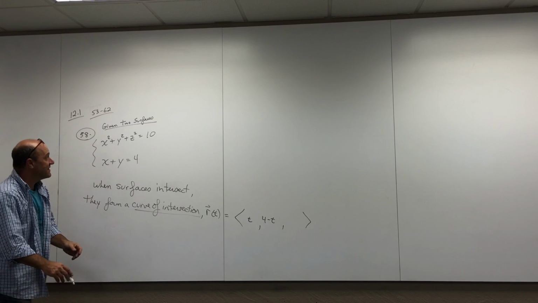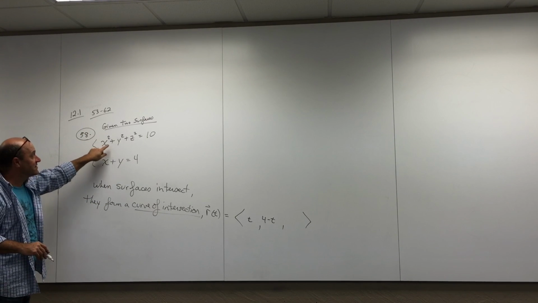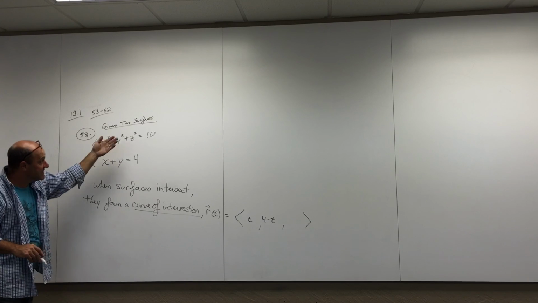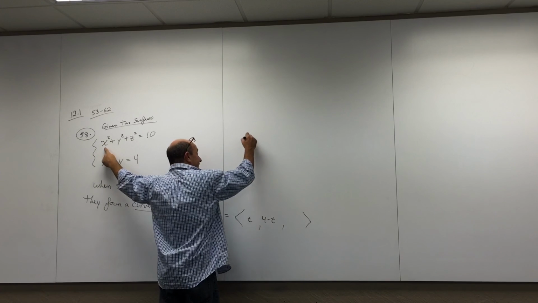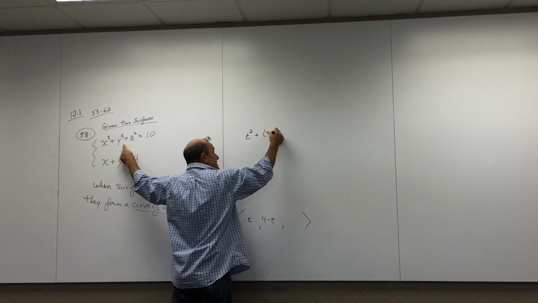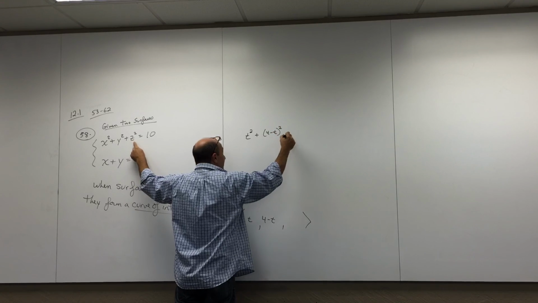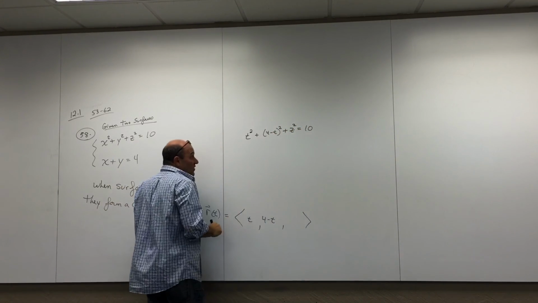How do I get z? Well, I go up to that first equation and plug in my x and my y, and I'll get z in terms of t. That one's kind of a mess, but let's do it. X is t, so that's t squared. Y is 4 minus t, and it's squared. And then that's a z squared, and it adds up to 10. And I want to solve for z.